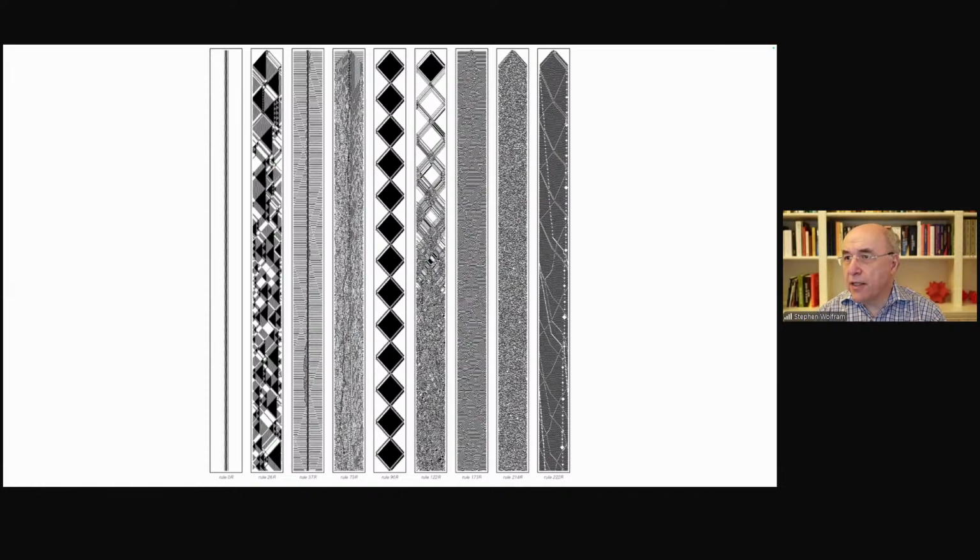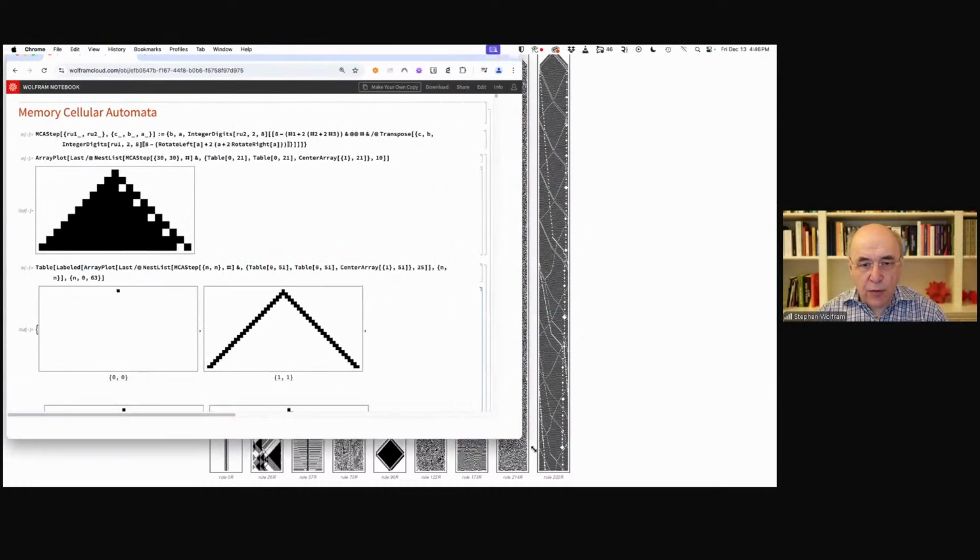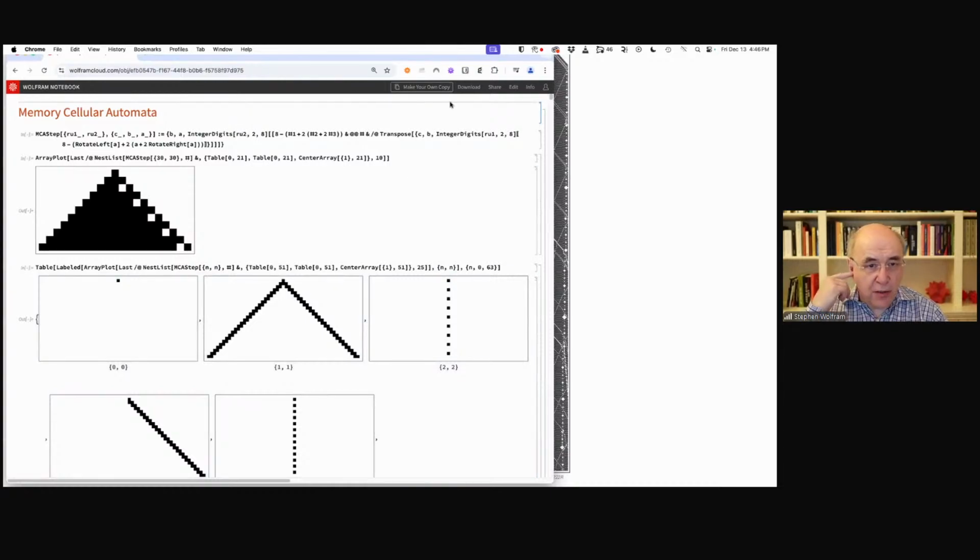So the idea here, let me pull this up. The idea here was to make what I was calling memory cellular automata, where you're looking at the cell and its two neighbors, and then you're looking at a triple of cells: the cell, the previous step, the step before that.